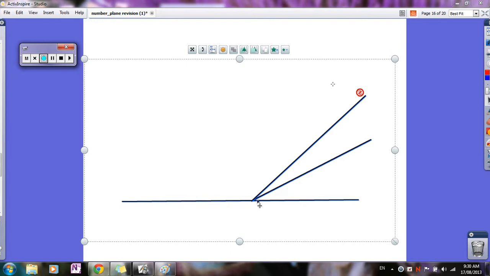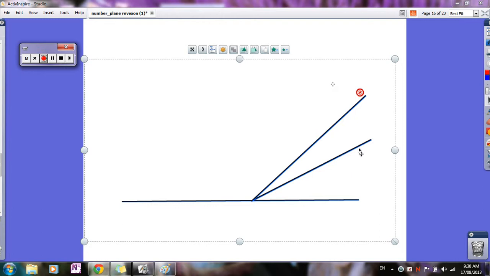Well, if you look at it, an easy way to do it would be to say, they both cover the same amount of ground horizontally, don't they? But where one goes up that far, the other one goes up much further. So if I can measure the difference, if I can measure these rises and compare them, then I'll be able to measure the gradient of that slope.